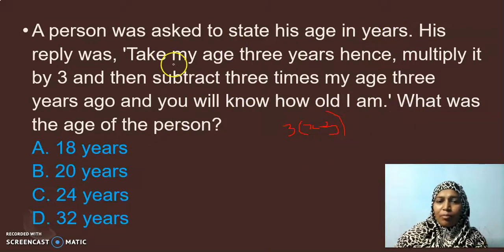I repeat, take my age 3 years hence. That's what the meaning of hence is here, 3 years afterwards. Multiply it by 3. And then subtract 3 times my age 3 years ago.